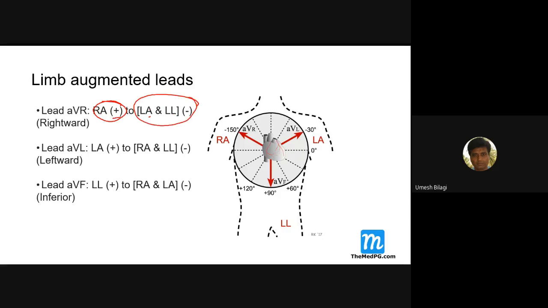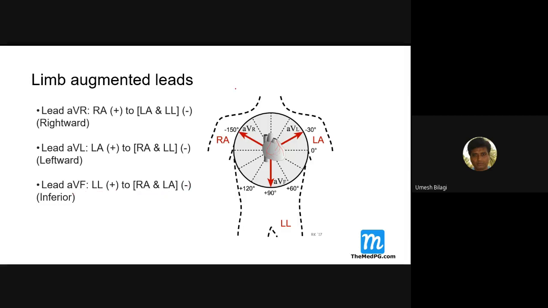So the positive electrode is for the right arm, the negative is for the other 2. So it becomes AVR; this R is the right upper limb. Similarly, for AVL, the left upper limb is positive, and the right arm and left lower limb are negative. This is a sort of augmentation. For AVF, the left lower limb is positive and the right upper limb and left upper limb are negative.